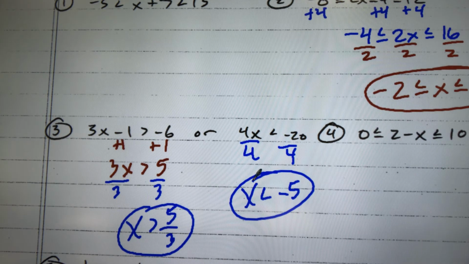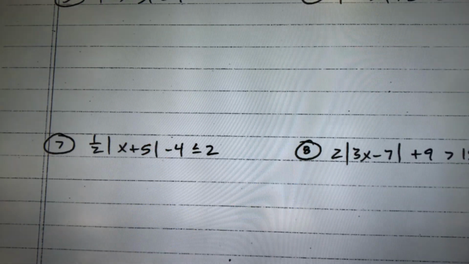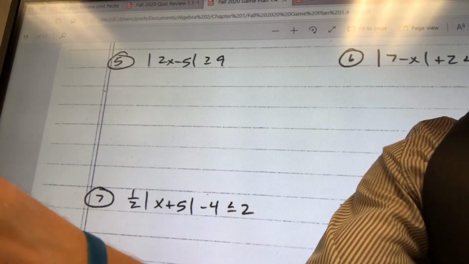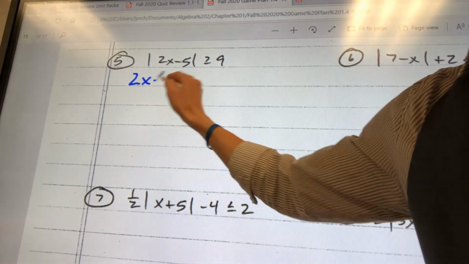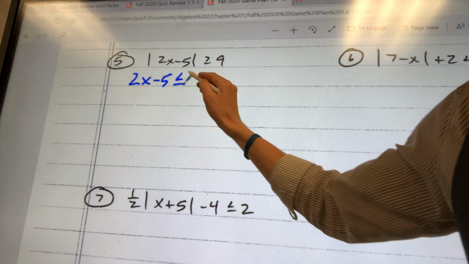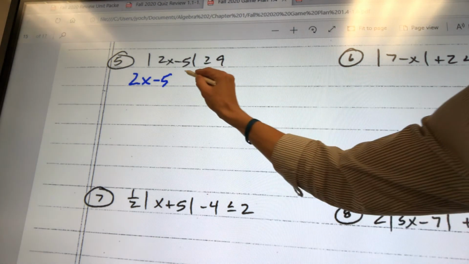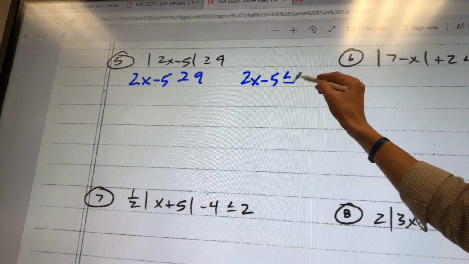Then let's talk about 5. 2x minus 5 in the absolute value is less than or equal to 9. Drop the absolute value bar. 2x minus 5, ooh, some mistake there, greater than or equal to 9. 2x minus 5 less than or equal to -9.